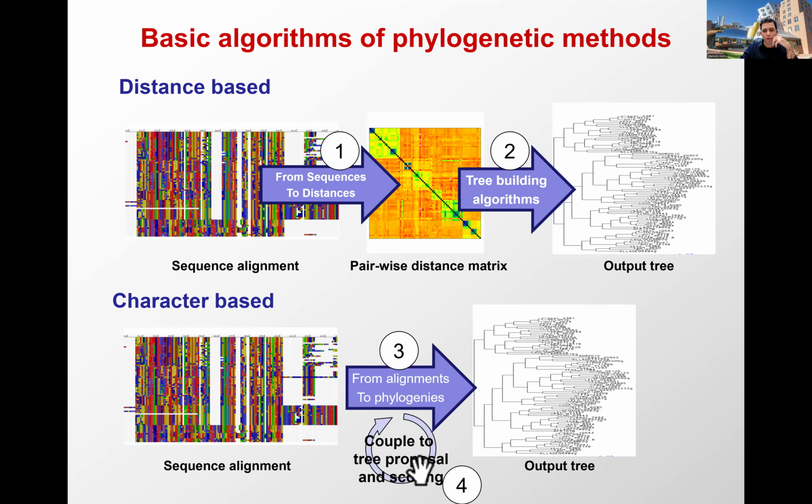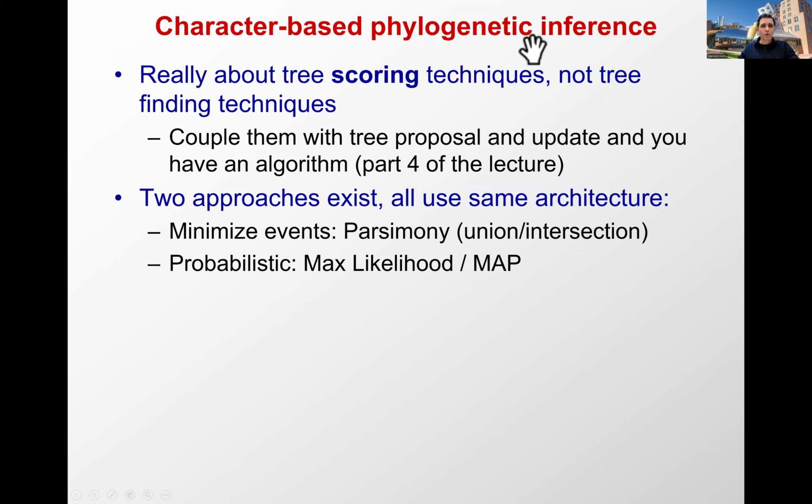But remember that everything we're going to say now in section 3 is for a given tree, how well does it match a given alignment? But then we're going to have some tree proposal and scoring coupled to that. So character-based phylogeny is essentially about scoring, not necessarily about tree finding.